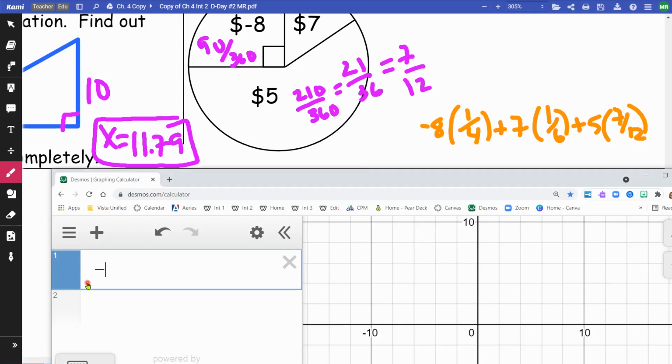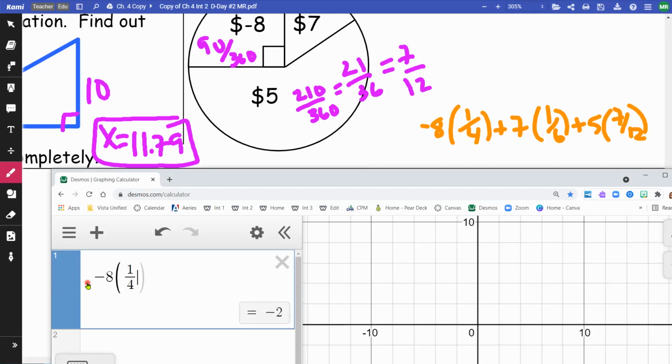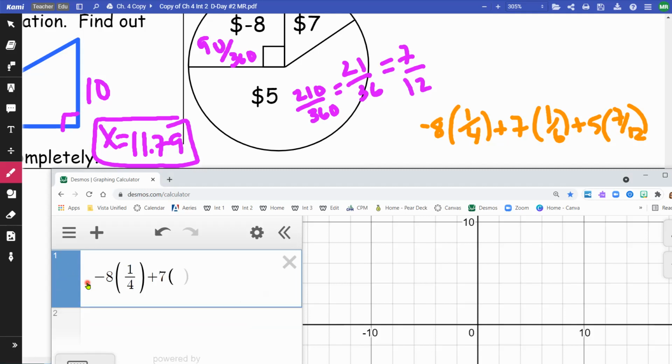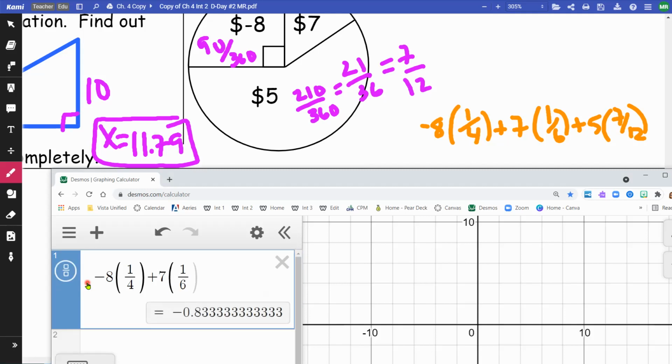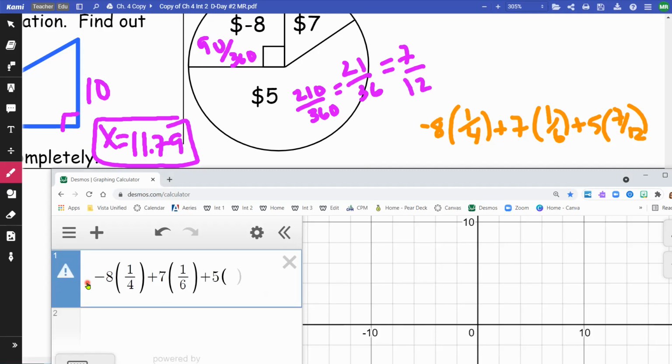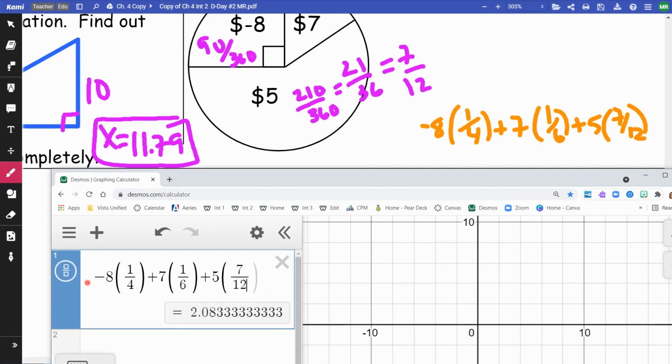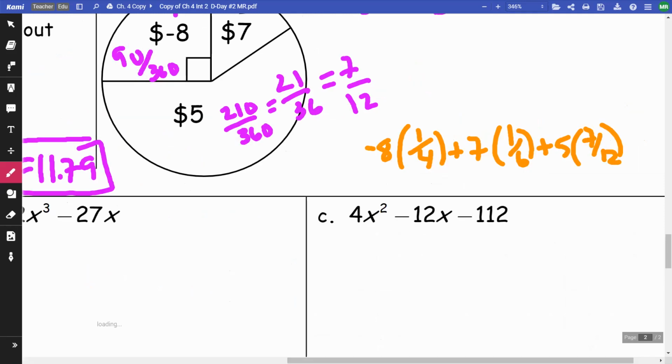And I end up getting $2.08. So this is going to be equal to $2.08.